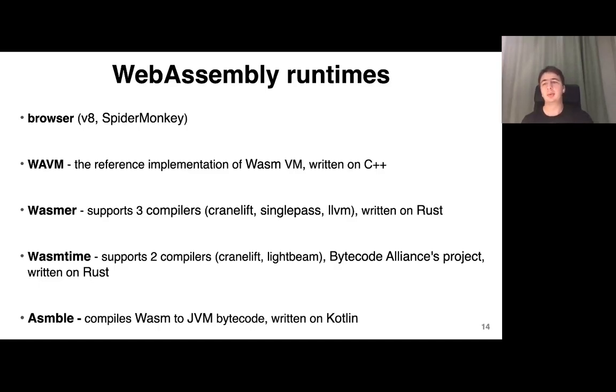The next two, Wasmer and Wasmtime, are written in Rust and support several compiler backends like Cranelift, Singlepass, Lightbeam, and LLVM. And the last one is maybe the most interesting, in my opinion, because it compiles WebAssembly to the JVM. It translates each WebAssembly module to a JVM class, and it's written in Kotlin.